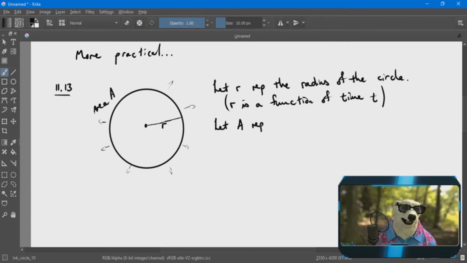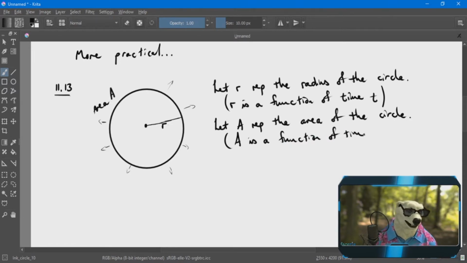Let A represent the area of the circle. Now, you don't have to say the bracket portion. I just want us to be aware, because this is our first kind of example, that this A is a function of what? Technically of time. It's a function of time.